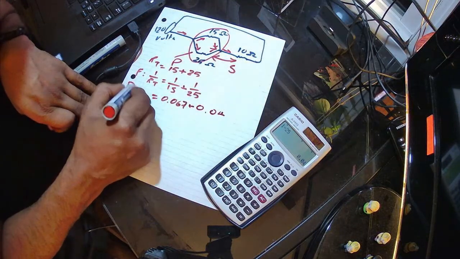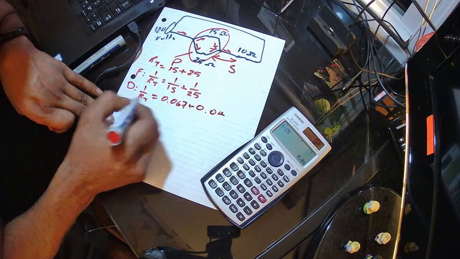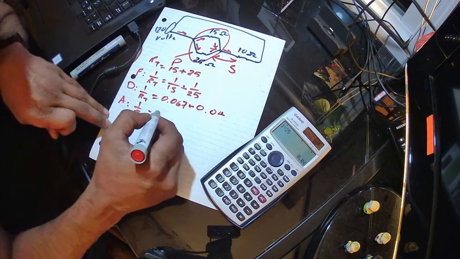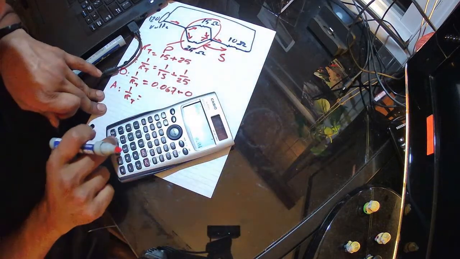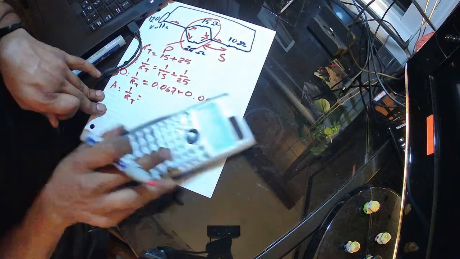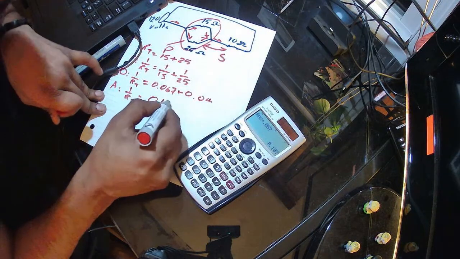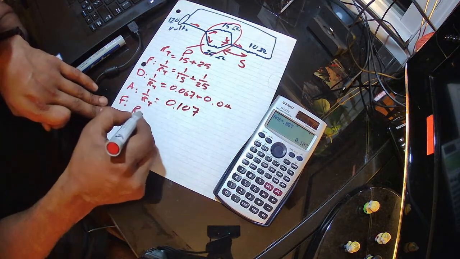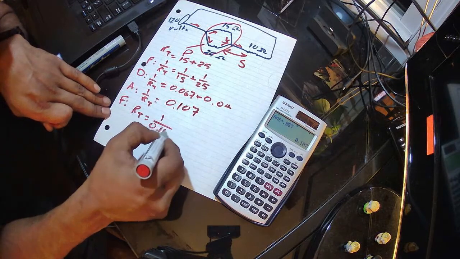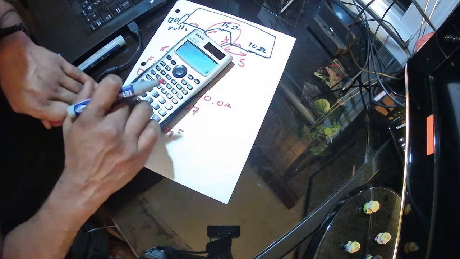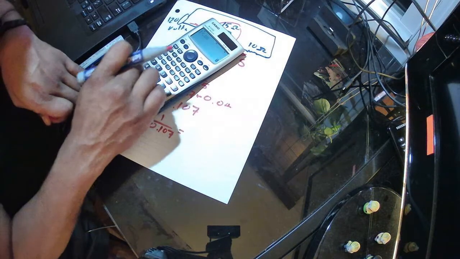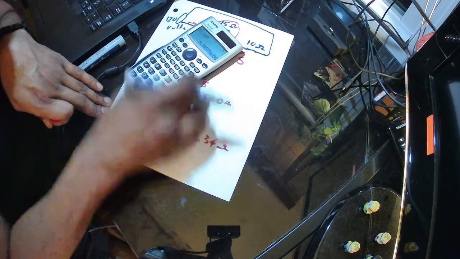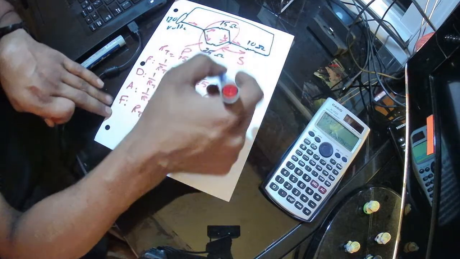Flip, divide, we did divide 1 over RT, then add, 1 over RT equals 0.107, then finally flip again, and I got RT equals 1 over 0.107, and I got 9.34 ohms.